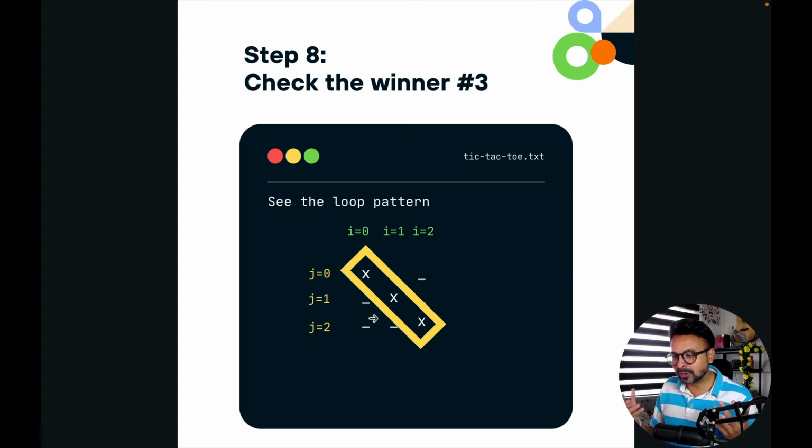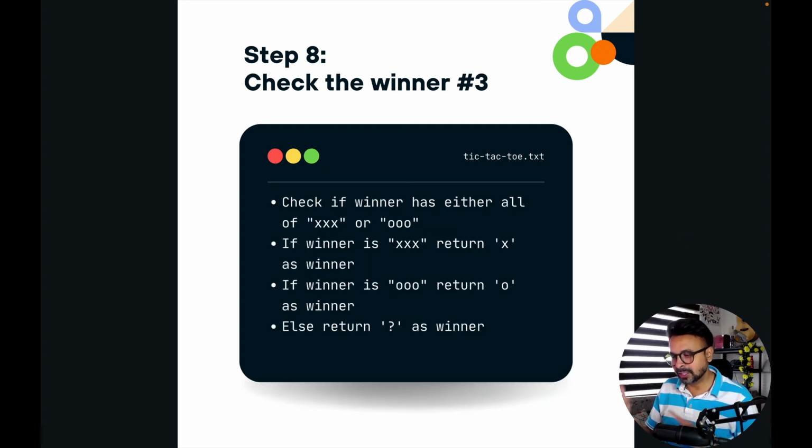I don't think we need to run any nested loop here. Only a single loop is going to help us because the values are same. I and J are same, obviously. So why would you need a nested loop in this case, right? So let's see, we are going to run the loop, and again running the loop, we are going to check if the winner has all the X's and O's.